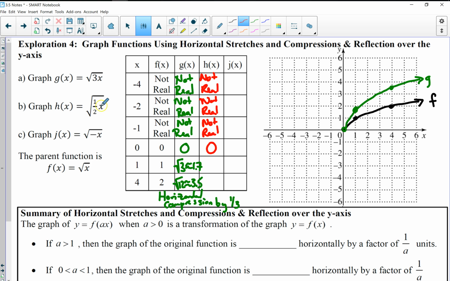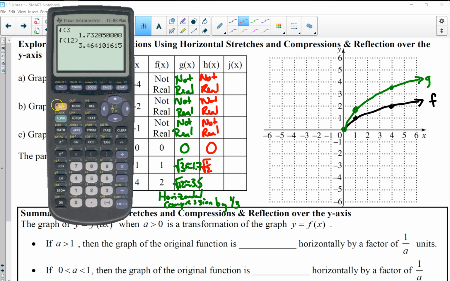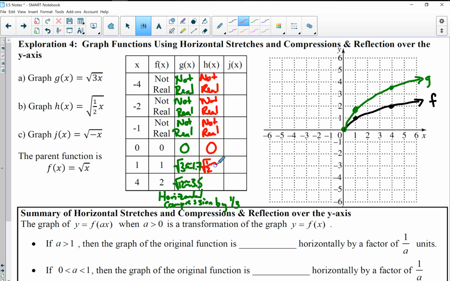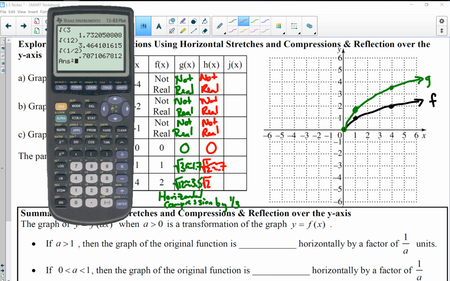At 1, I have 1 times 1/2, which is the square root of 1/2. And again, we'd want to know the decimal approximation to get a sense of what that value is. About 0.7. Then my last number, if I put in 4, 1/2 times 4 is 2, and so we'd look at what our value is at the square root of 2. That's about 1.4.